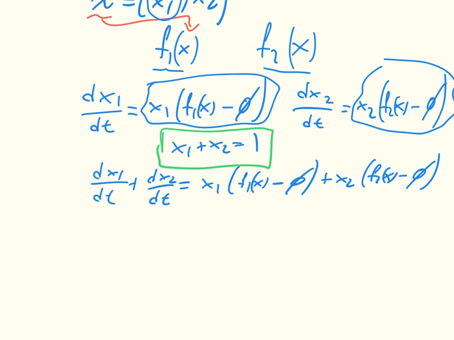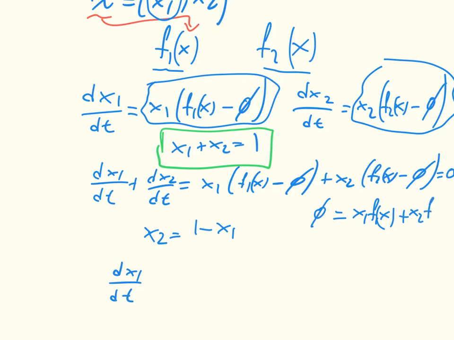And then we can substitute that x2 is actually equal to 1 minus x1. And we just write down that the derivative, oh, forgetting the important detail, that's got to be equal to 0. And from this, we can obtain that phi is equal to x1 f1 of x plus x2 f2 of x.